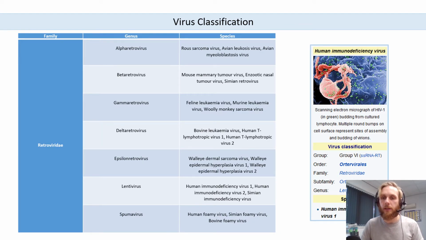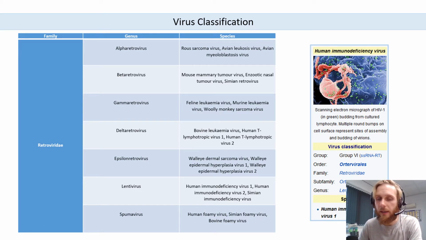So we can take a bunch of different virus species, we can decide these are sufficiently similar to each other to be classified as a family, and then we can name that family, and that's essentially how we come up with these families. We also have genus classification, so we will further group these related species into a genus, and we'll have multiple that fit into each family.